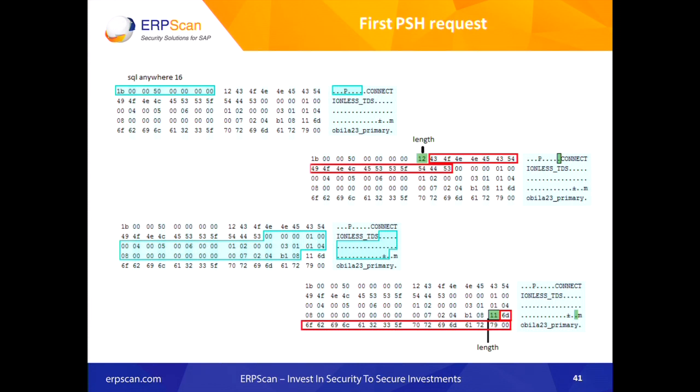For example, in this case it's SQL Anywhere version 16 on the second picture. You can see the field which is responsible for the name of the protocol that's going to be used. It's the TDS protocol, and it includes the data that's going to be transferred, and in the end you can see the name of the server to which we initialize our connection.